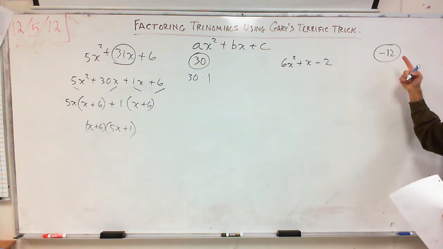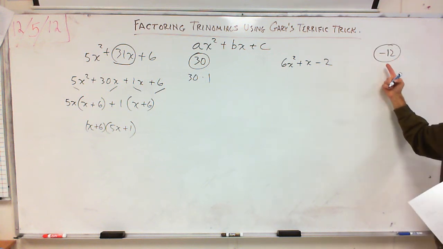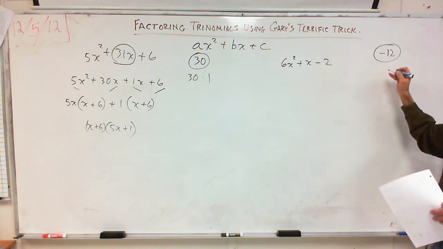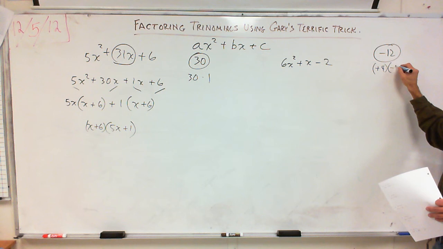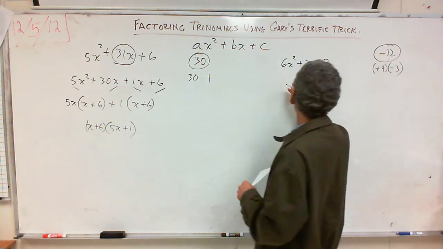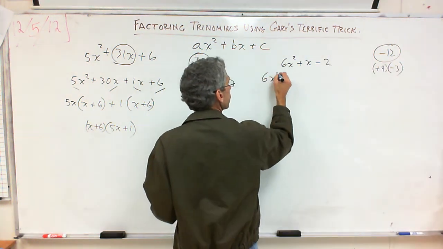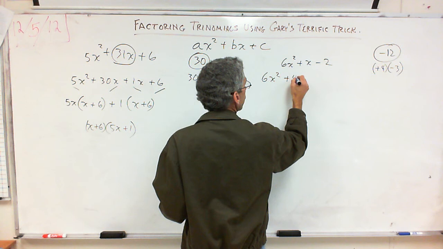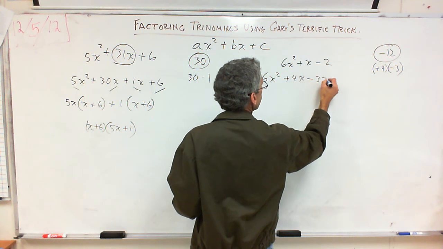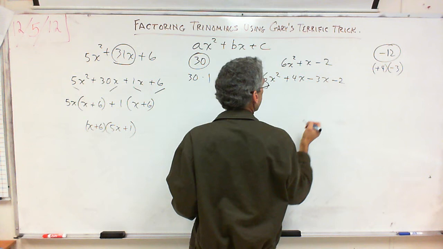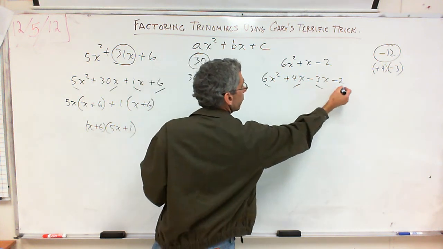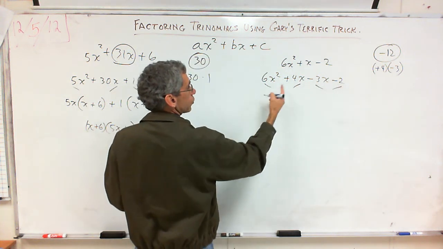So I have to have factors of negative 12 that add up to positive 1. 4 and 3. So positive 4 times negative 3. So I'm going to rewrite this: 6x squared plus 4x minus 3x minus 2. So factor by grouping, because I have four terms.